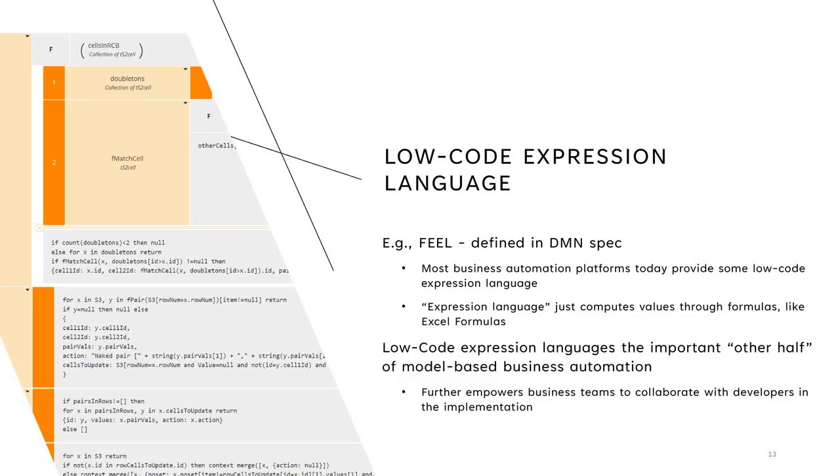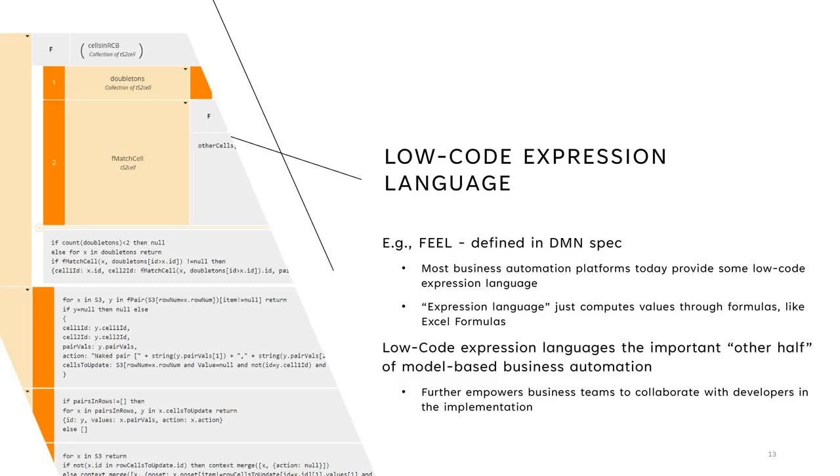But DMN was published 6 years later, when low-code tools were much more advanced. DMN was intended to allow non-programmers to create executable decision services themselves using a combination of diagrams, tables, and a standard low-code expression language. An expression language is not a full programming language.